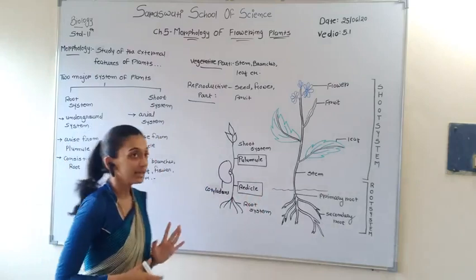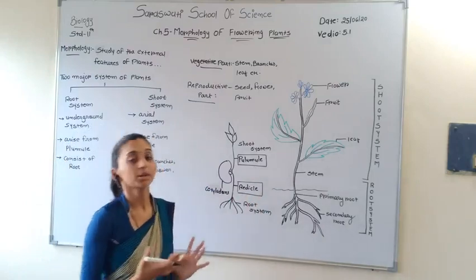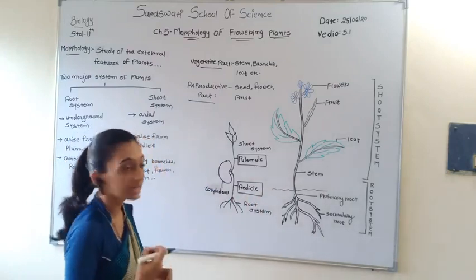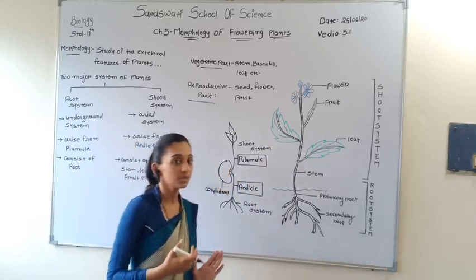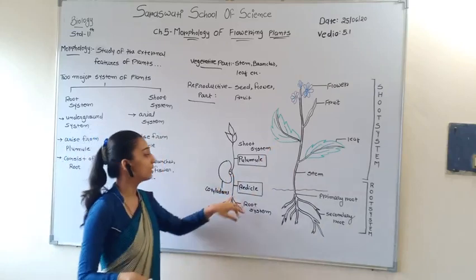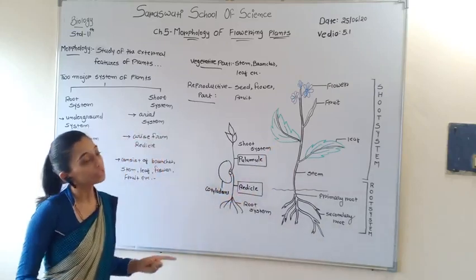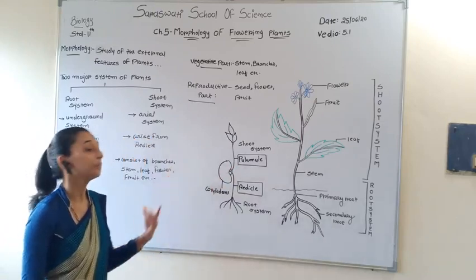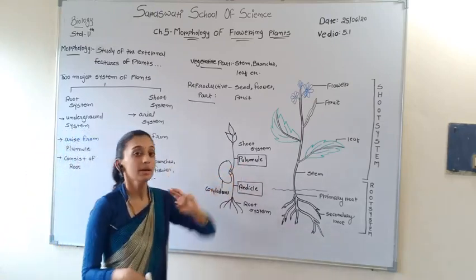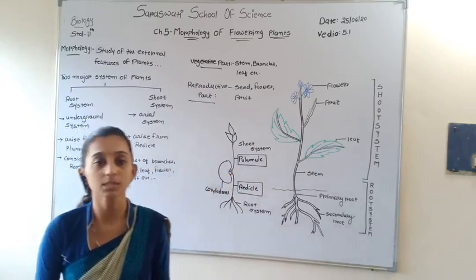So this is the basic introduction: what is plumule and what is radicle, where the root system arises and where the shoot system arises. The root system arises from the radicle and the shoot system arises from the plumule. So in germination of the seed, both develop different systems.